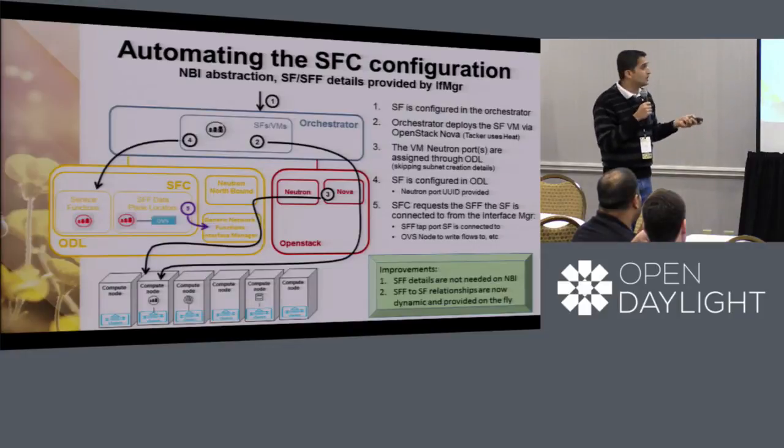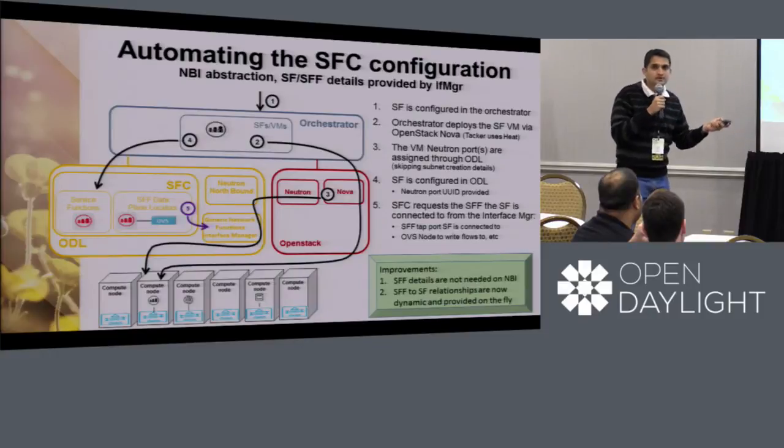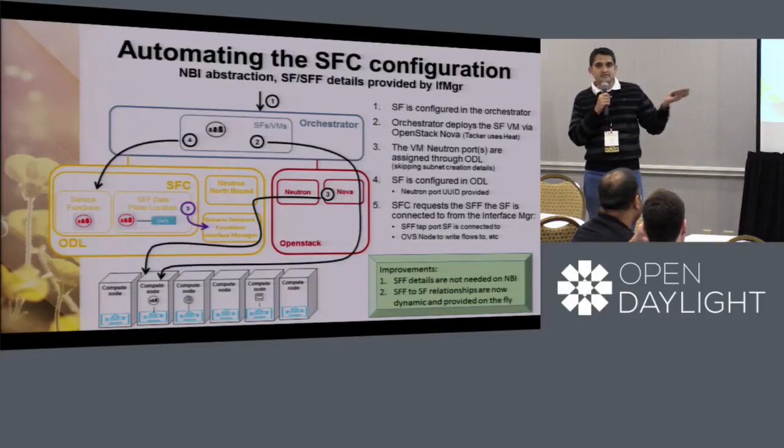Typically, in any ODL OpenFlow plus OpenStack integration, this neutron port translates into a tap port. Neutron has some 16 character UIDs, and the tap port will typically have 11 characters, so it is the same name translated to a tap port. This tap port acts as an OpenFlow port.